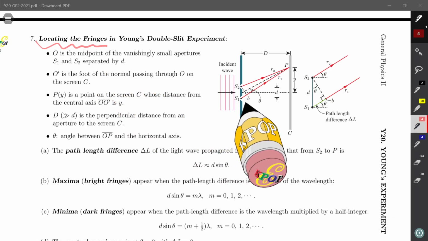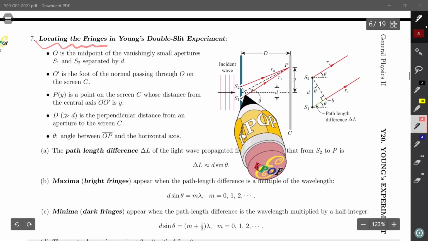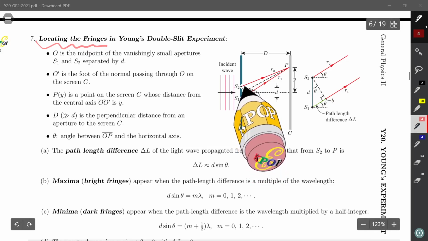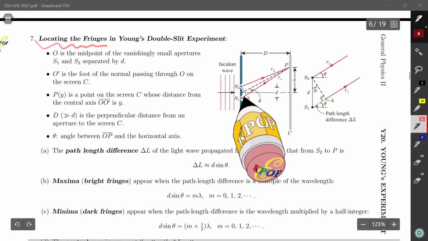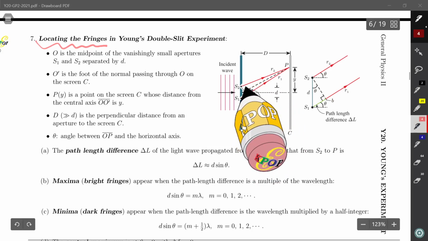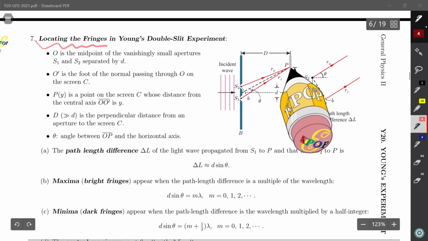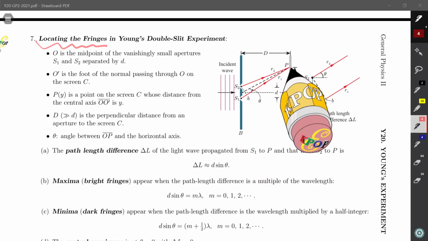In Young's experiment, we have two light sources. They are coherent. They are completely in phase, starting from two different positions, and two light waves propagate from the two slits, and the two light waves interfere at a certain point P on the screen.